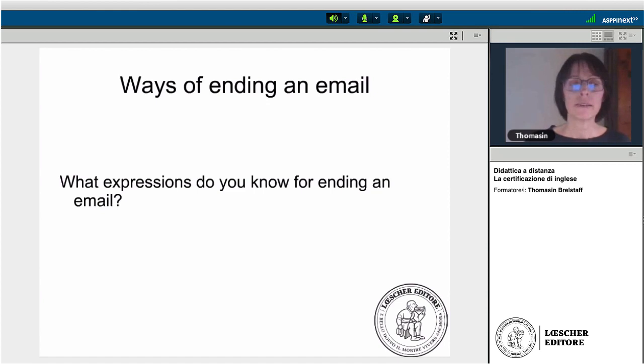And closing an email, here we've probably got more choice. What ways do you know for closing an email? Would you like to type some into the chat box? Okay, we've got some best wishes.